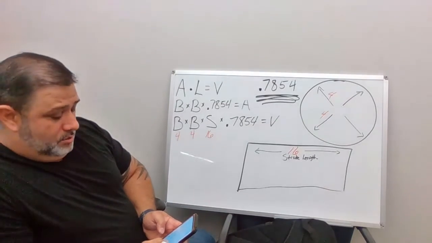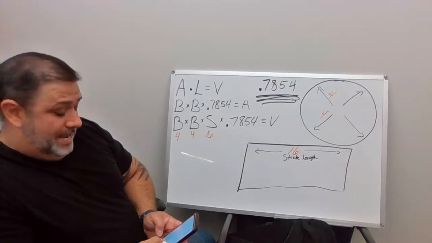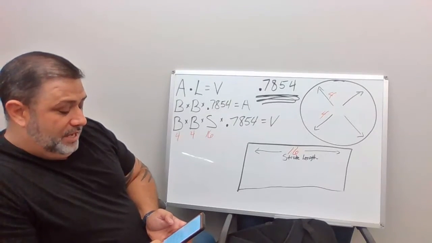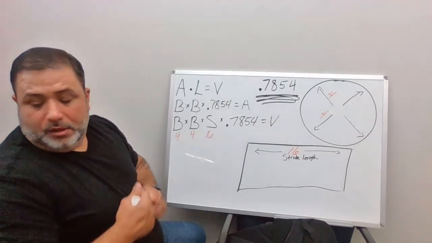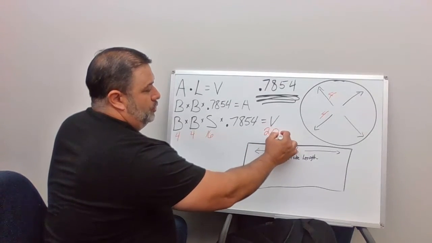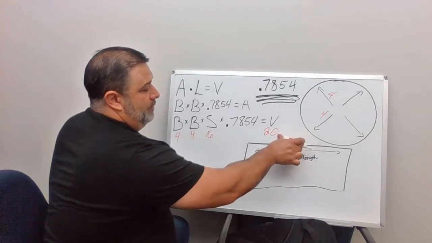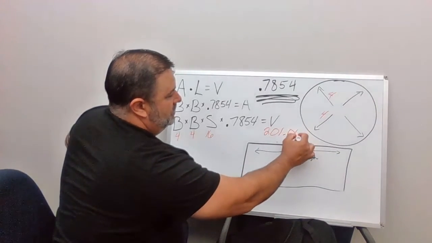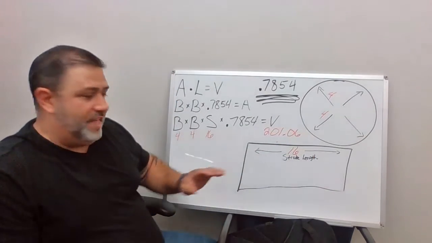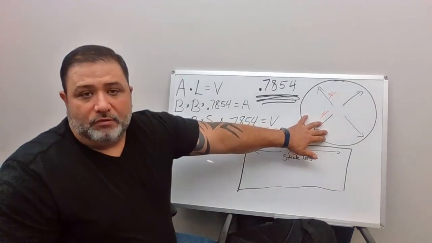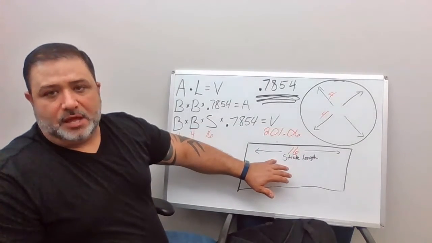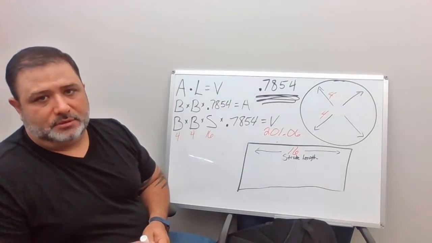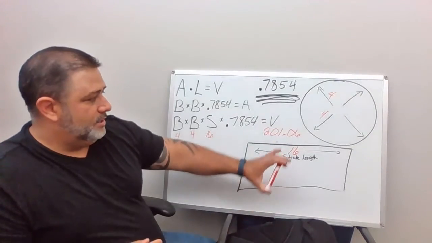And we say 4 times 16 times 0.7854 equals 201.06. That is the volume of that cylinder. From a bore of 4 by 4, 16 inches long, equals 201.06 cubic inches. Okay?